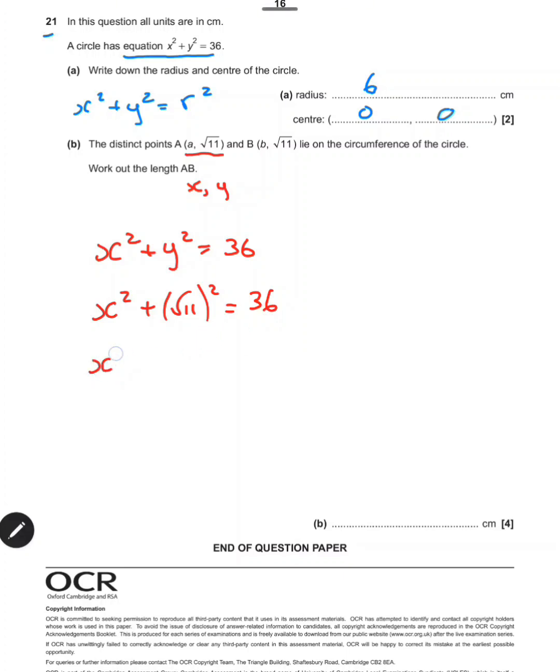I can work this out. x squared plus root 11 squared is just 11, and that's 36. Then if I take 11 from both sides, x squared equals 36 take 11, which is 25. So x must be both the positive square root of 25 and the negative square root of 25, both of which are 5.